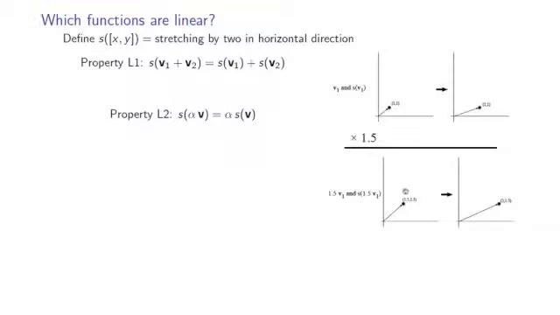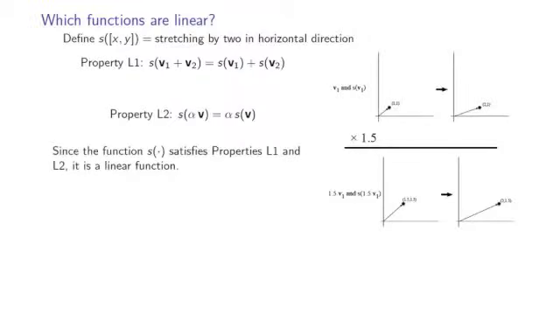And the image of that under s is this, s of 1.5 times v1. But notice that that image is the same as taking the image s of v1 and scaling it by 1.5. This shows that s of 1.5 times v1 is the same as 1.5 times s of v1. This isn't a mathematical proof, but it illustrates how you would go about proving this. And since the function s satisfies both properties, it is a linear function.